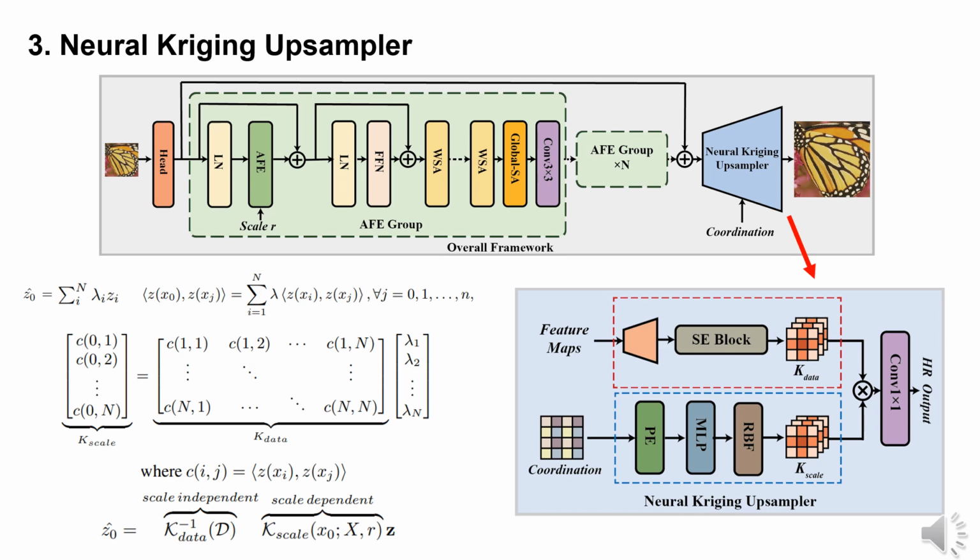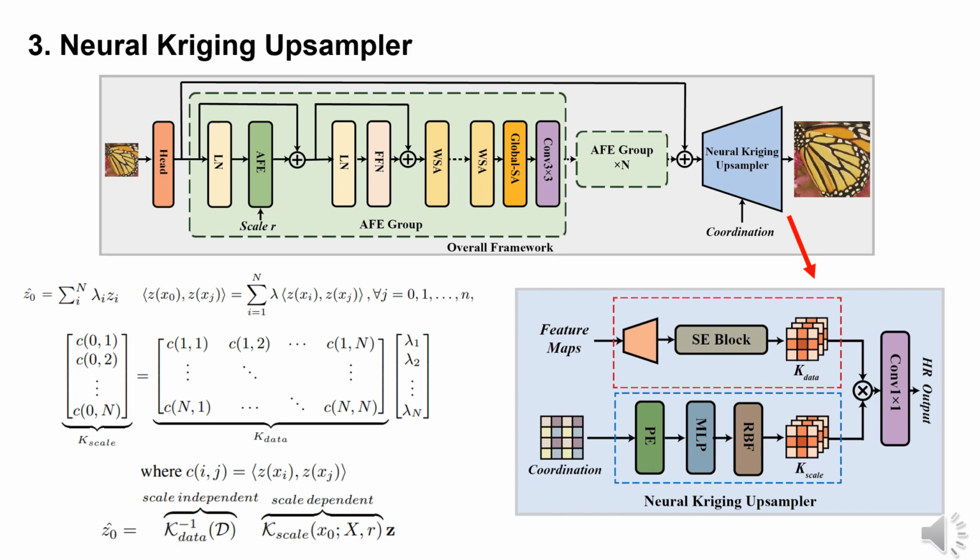The third problem: how to enhance the equivariance of the upsampling operator. From the perspective of Kriging interpolation, the upsampling process can be decomposed into 2 parts, the data kernel and the scale kernel. The data kernel is independent of the upsampling scale and mainly learns the prior distribution from known observed data. The scale kernel is strongly related to the sampling scales. Inspired by this, we design a learnable scale-adaptive upsampler named Neural Kriging Upsampler. It has 2 collaborating branches.